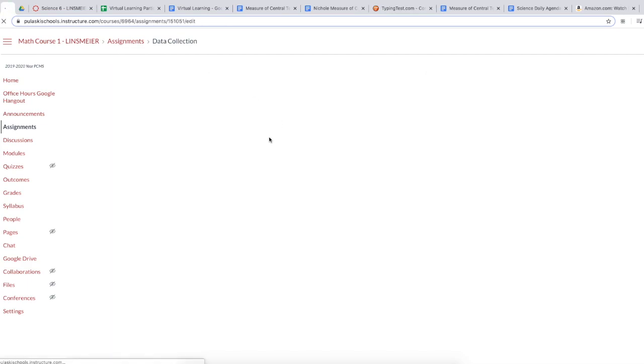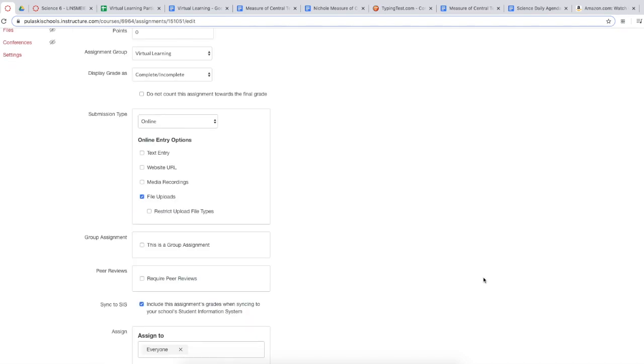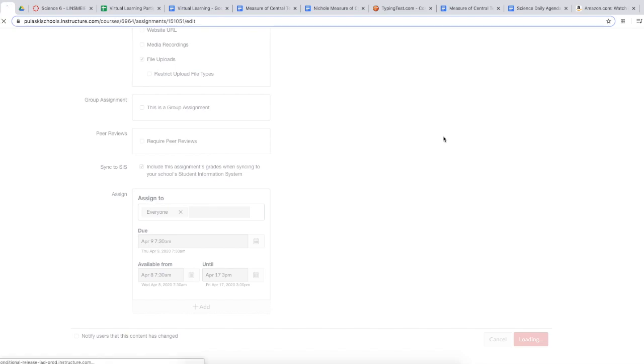I even put the directions that it has to be numerical data and it must be numbers. If you turn in something like red, orange, yellow, green, blue, we're going to go back and be like, nope, sorry, that's not the right kind of data we need.